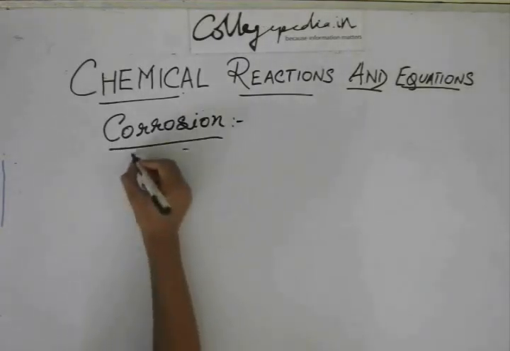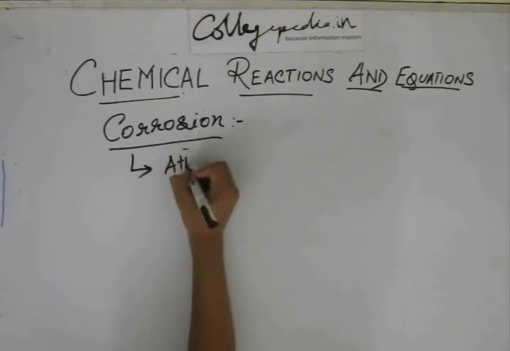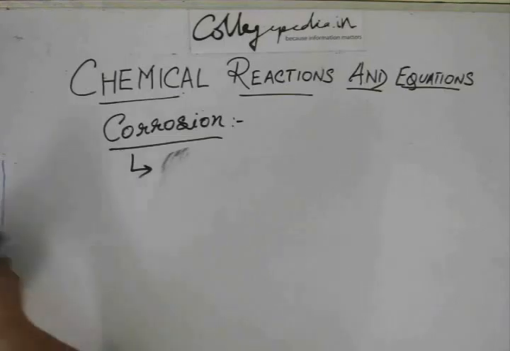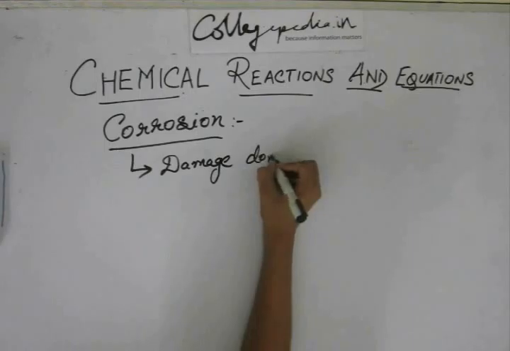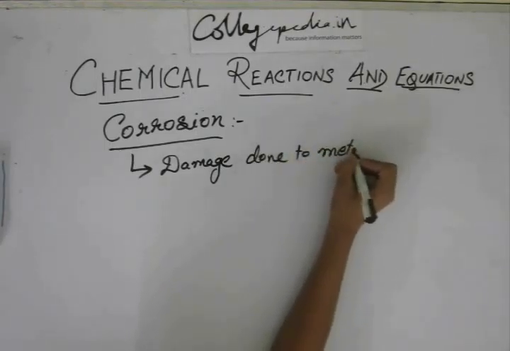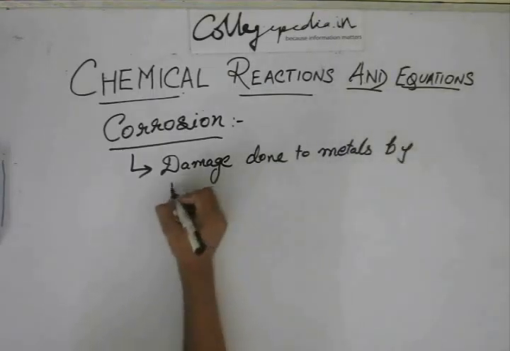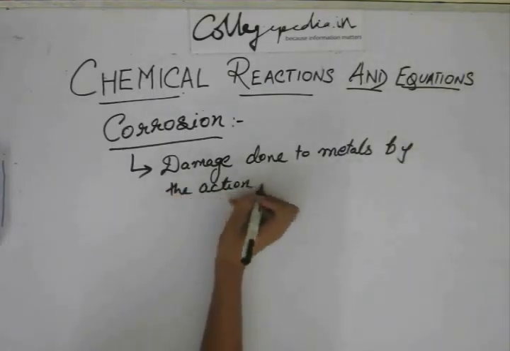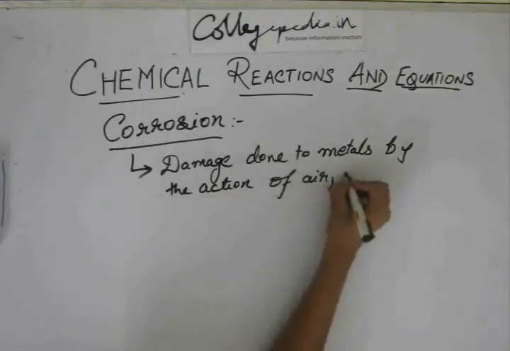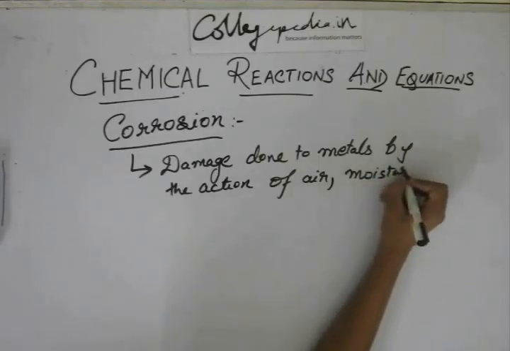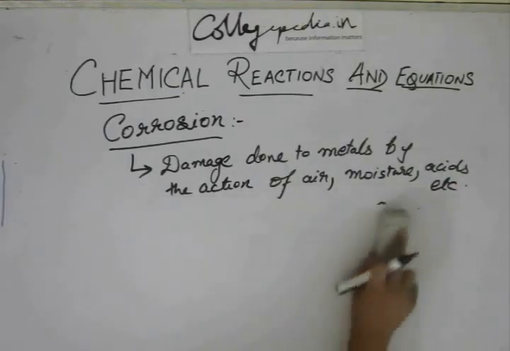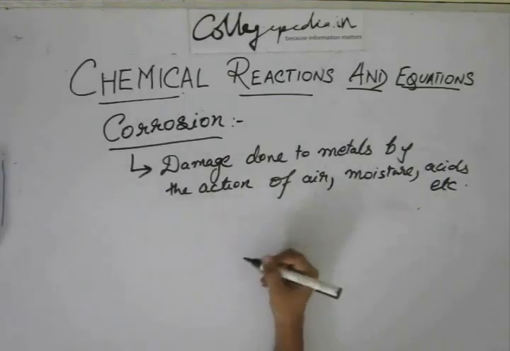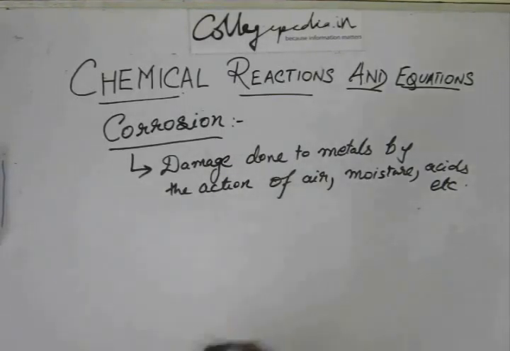So corrosion is nothing but damage done to metals by the action of air, moisture, acids, etc. So silver, if you keep it out in the open, the grayish color of silver will go and there will be a black coating on top of silver.